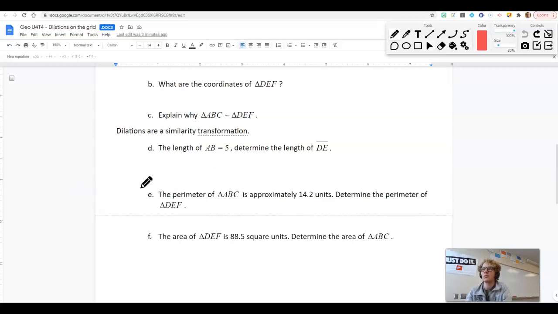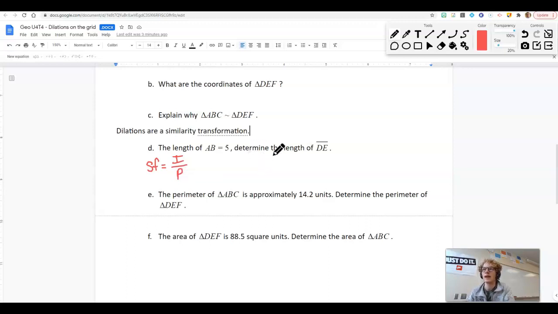Alrighty, so if you think back, the scale factor is equal to what over what? Pause the video, think about it. Scale factor is equal to what divided by what? So the scale factor is equal to the image length divided by the pre-image length. Okay? The scale factor is equal to the image length divided by the pre-image length.